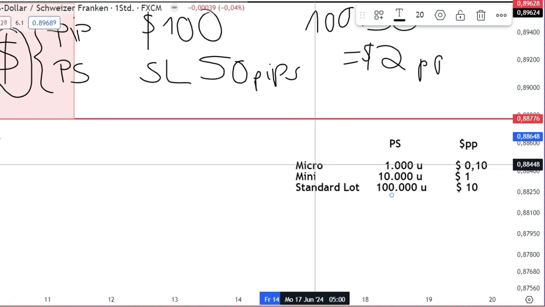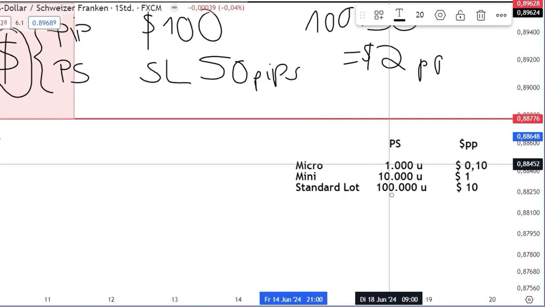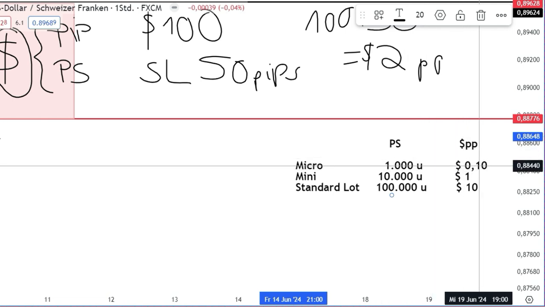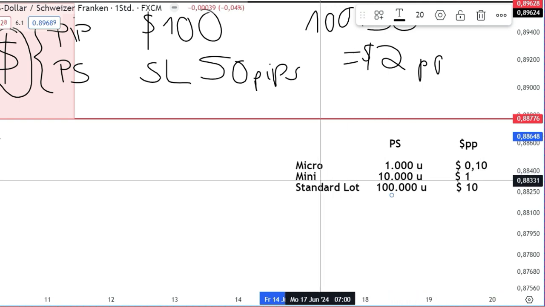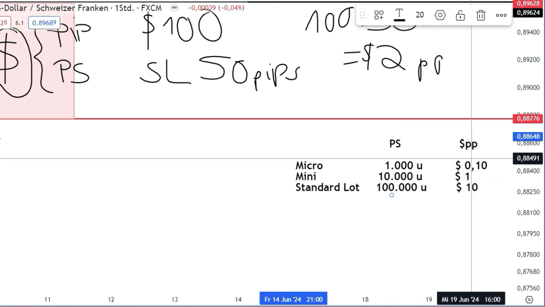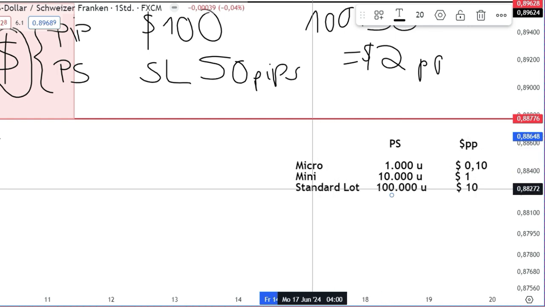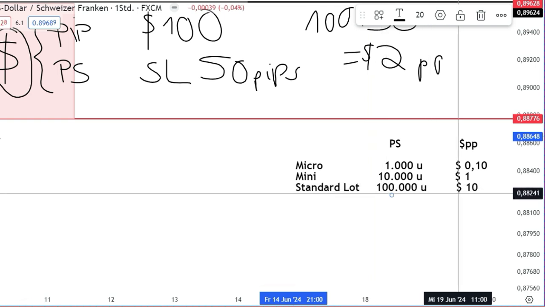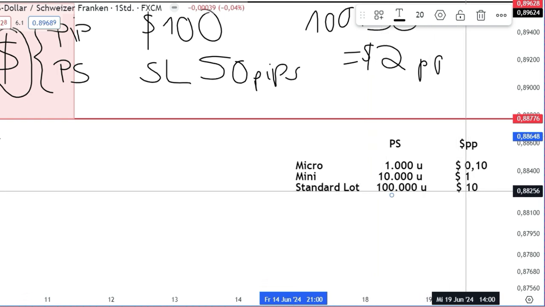With the micro, for example, you are moving 1,000 units, and this means you are moving 10 cents per pip. With the mini, it's a little bigger, then you are moving 10,000 units and $1 per pip. With the standard lot, you are moving 100,000 units, and this equals $10 per pip.